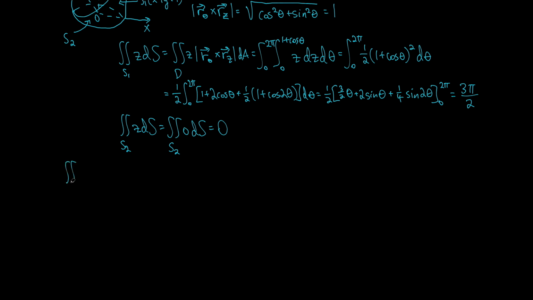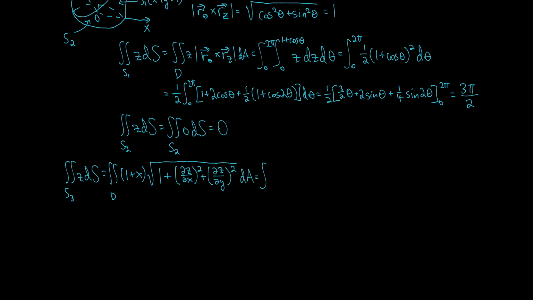Let's see, the surface integral over S3 of z dS. So that'll be the double integral over D of 1 plus x times the square root of 1 plus each of our partial derivatives squared, so partial z x, partial z y squared.